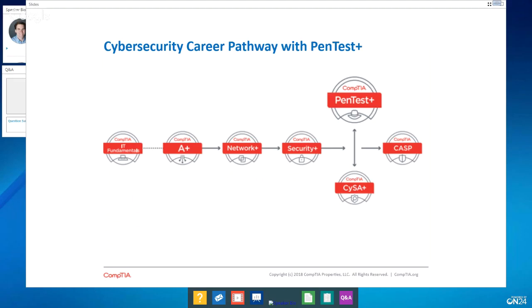And so wouldn't it be perfect if you are an institution and you have perhaps two classrooms, one teaching PenTest Plus, one teaching CySA Plus, you could actually have war games where you have some kind of cyber range where you can put the offensive security folks against the defensive security folks, and they can actually learn in an environment that would simulate the real environments they would be working with.